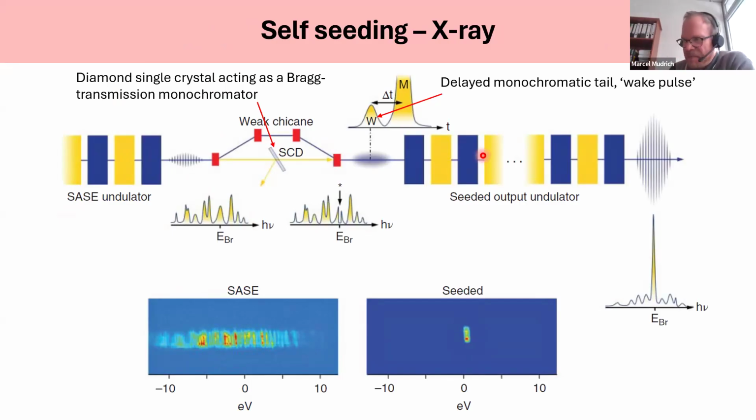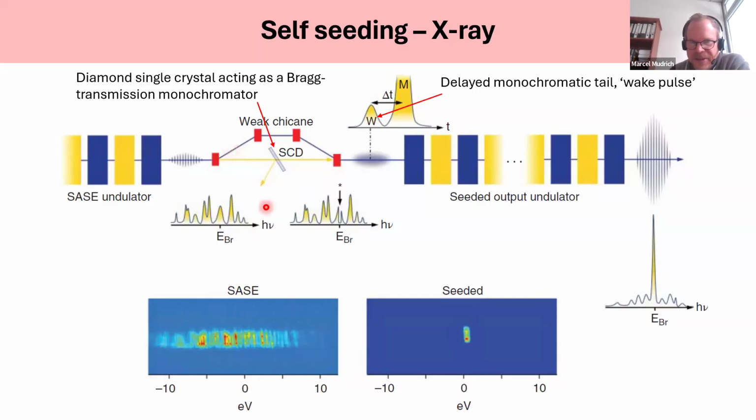What would be even better is to have an external, very well-controlled laser pulse to seed the lasing process. But there the problem was we don't have this X-ray laser pulse to start with, because we need an X-ray laser.